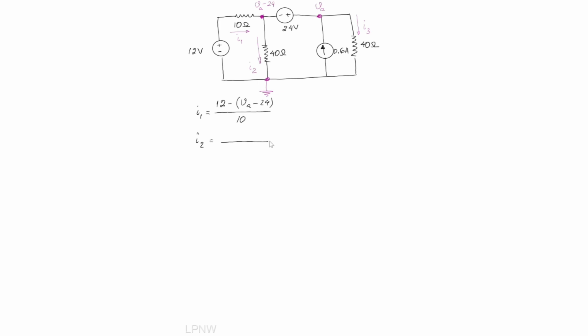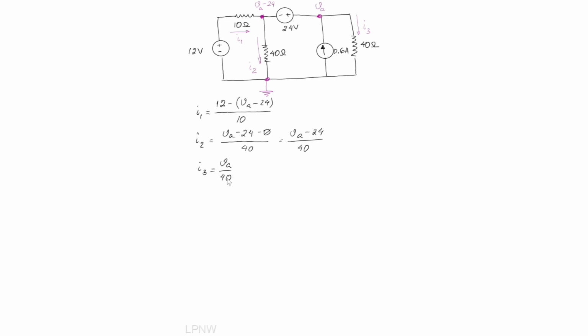I2 goes through the 40 ohm resistor, and it has a higher potential, which is VA minus 24, minus the lower potential, which is at the reference point 0, divided by the resistance of 40 ohm. So it's basically VA minus 24 over 40. And I3 is very easy. This is VA minus the reference point 0 divided by the 40 ohms.